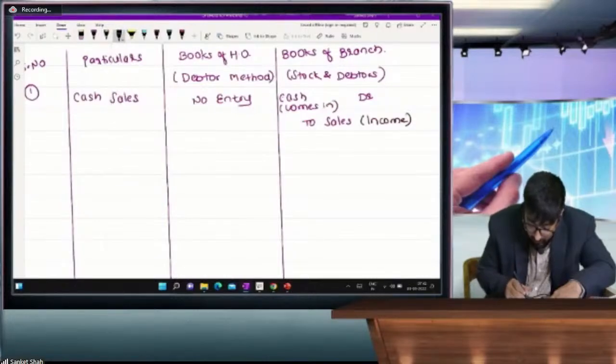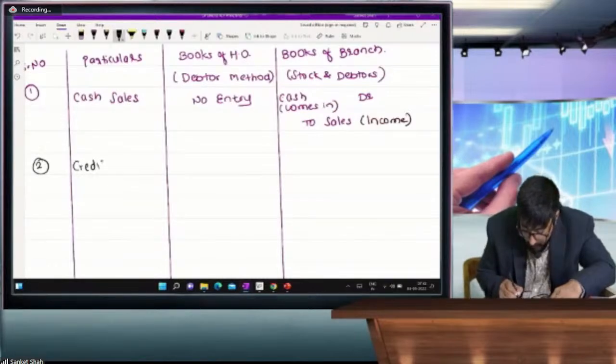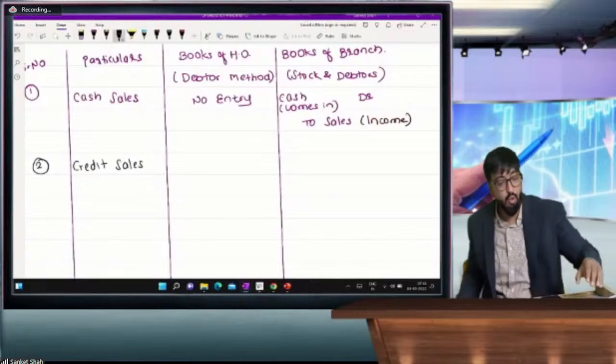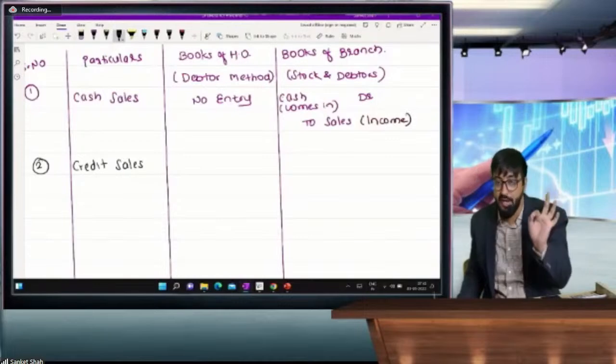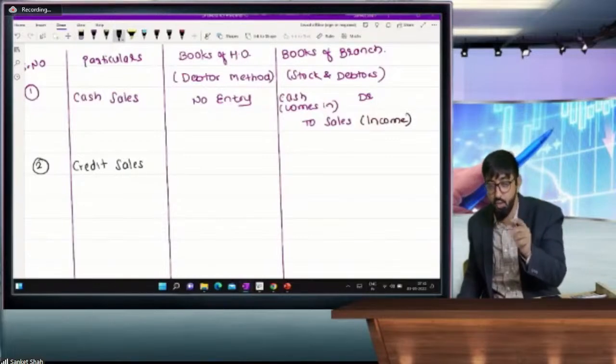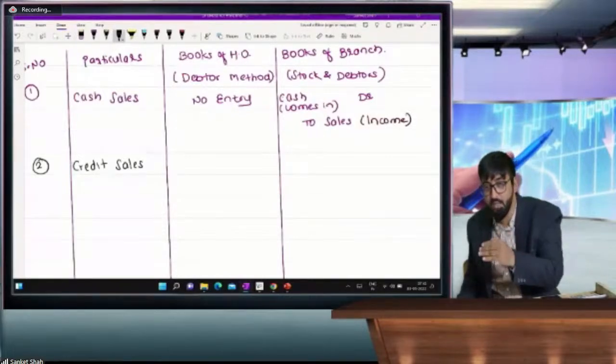Write down first entry, cash account debit to sales. Second one. Very good. Tanishka ji, very good beta. Credit sales. Now you only tell me it in the comment section. I'm waiting for your answer. Just note down HO and then HO whatever the entry, and then branch and whatever the entry.